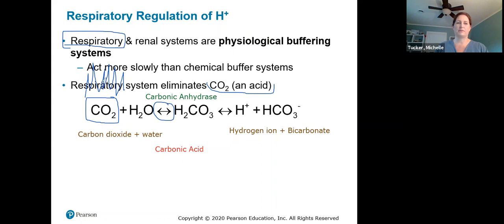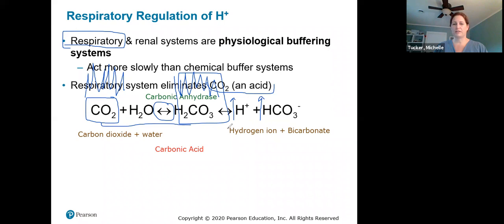So there's a lot of substrate. And that substrate is then going to combine with water, which is not going to be limiting under these conditions. We've reabsorbed enough water, we've got plenty of water. So if we build up CO2, and water is not limiting, then that is going to cause a buildup of carbonic acid. And that means that more of this carbonic acid will dissociate into hydrogen ions and bicarbonate.